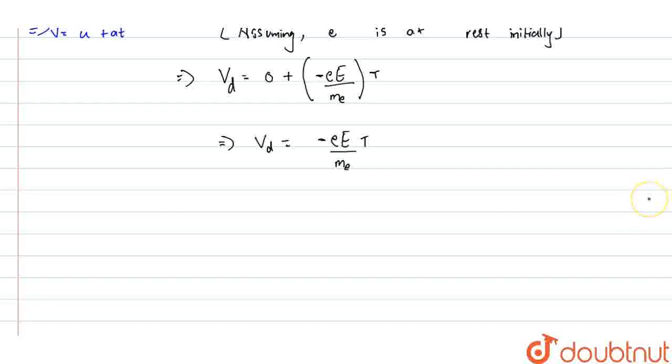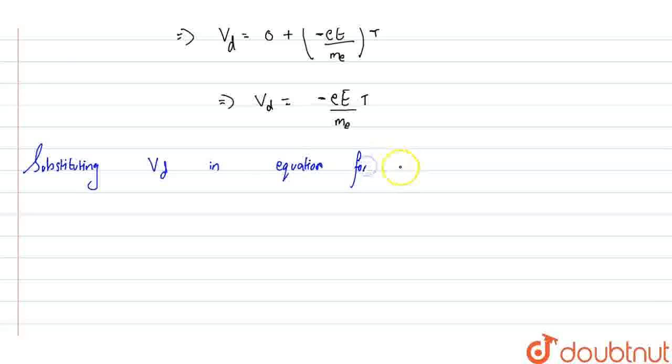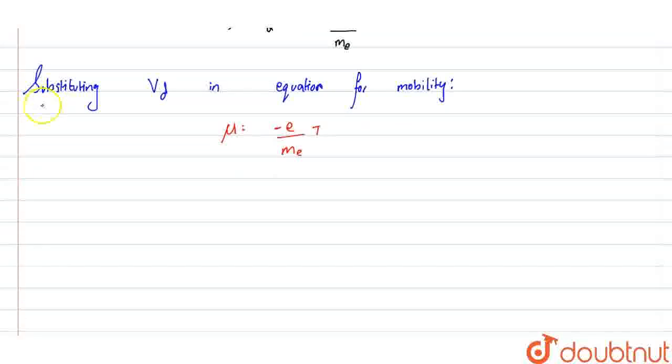Now let us substitute this in the equation of mobility. Remember that mu is equal to drift velocity by the electric field applied. Substituting, we get mu equals minus e by m e times T. With this we can conclude our answer.